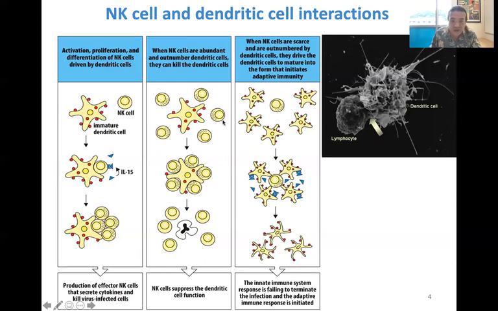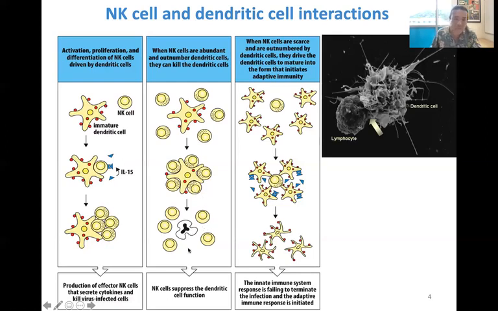If it turns out that the number of those activated natural killer cells outnumber the number of dendritic cells that are bringing in more pathogen, an interesting thing happens here. The natural killer cells actually tell the dendritic cell to die, all right? So the dendritic cell actually becomes a target of the natural killer cell's cytotoxic messages, right?